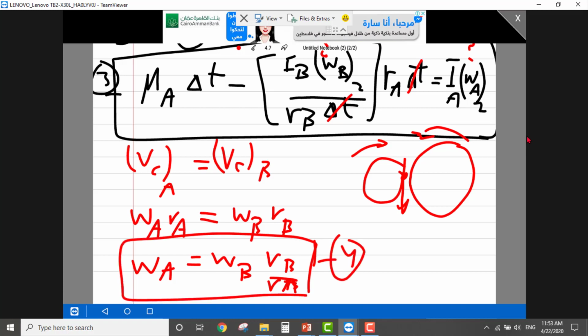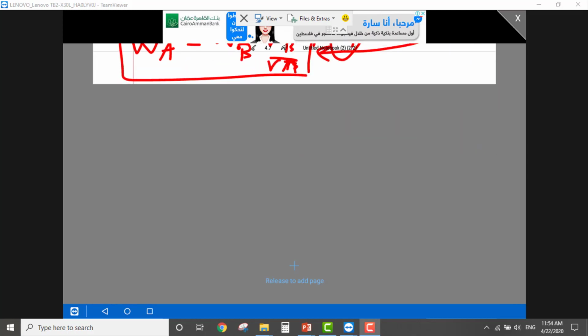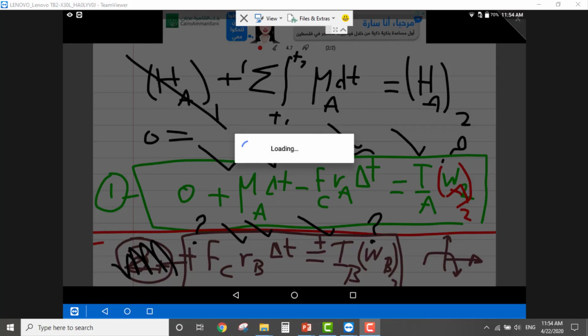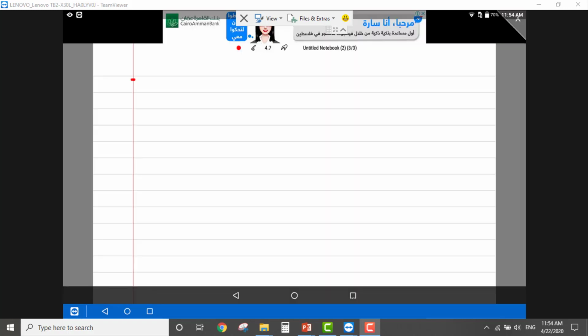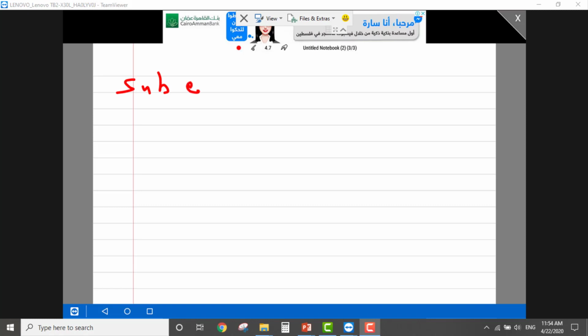So now I will substitute equation 4 in equation 3. So instead of omega A, I will write this equation. Okay, so let us move to a new page. Now substitute back equation 4 and equation 3.